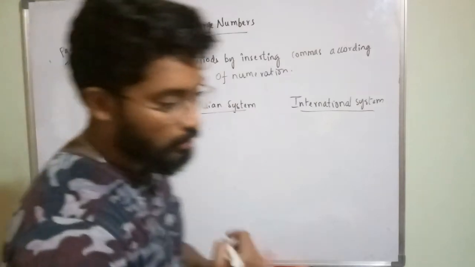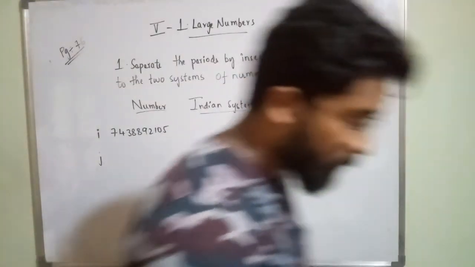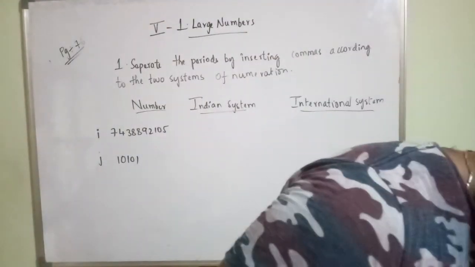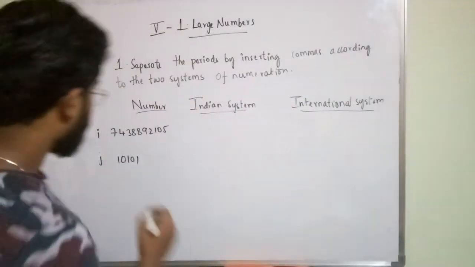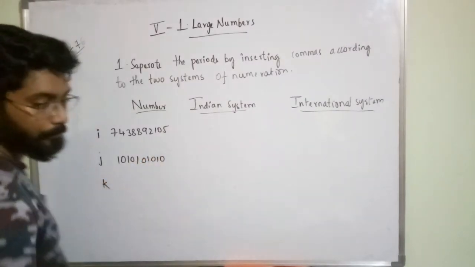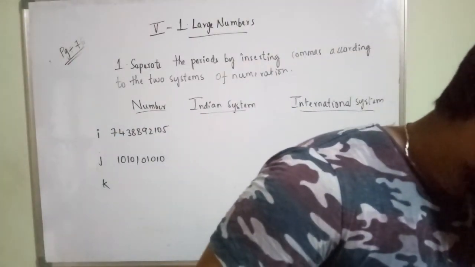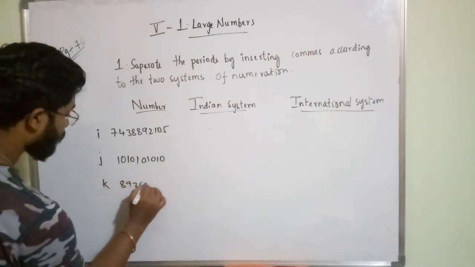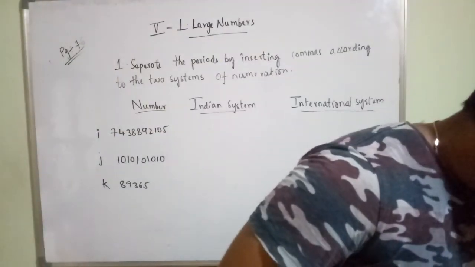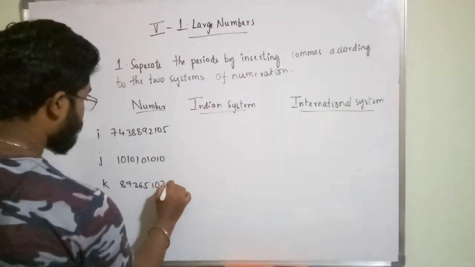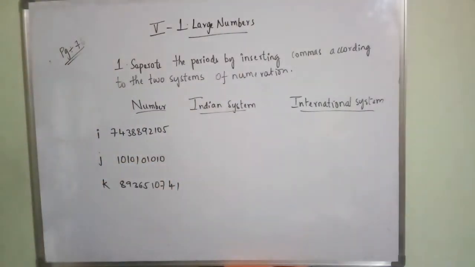What is the J question? 10101 01010. Okay. And K: 89365 10741. So these 3 numbers we have to represent in the Indian and international systems.